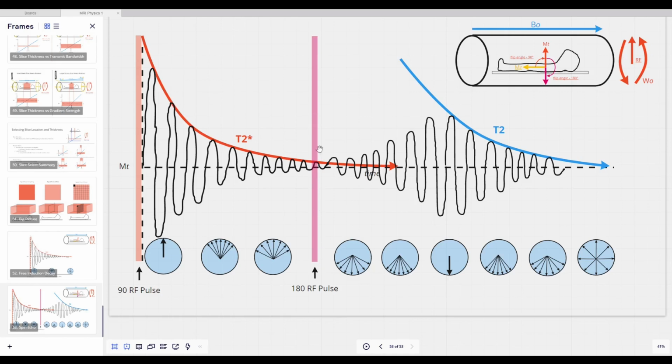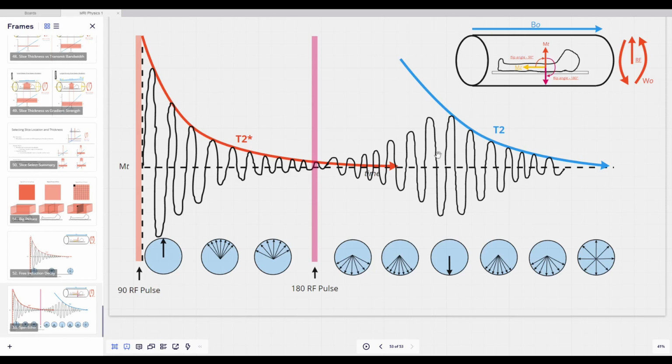When we flip this with a 180 pulse and regenerate signal, the signal that we're regenerating is a much cleaner signal and actually doesn't have the information of all of those artifacts in it. So when we measure our signal, if we want to measure more of our ideal T2, we measure it out here.